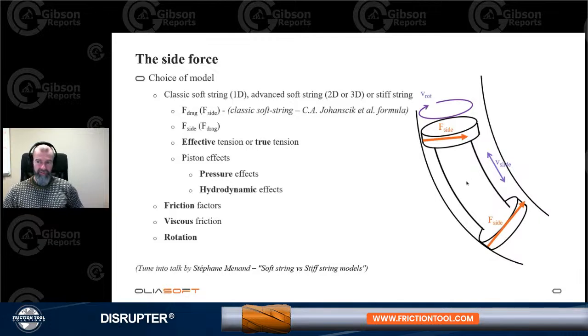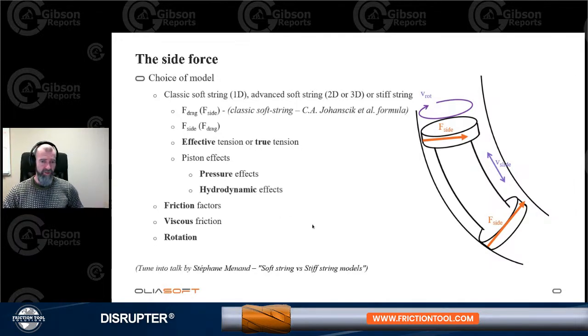But keep in mind that the cross-sectional surface area of the drill pipe is smaller on the inside than the outside. So there will be a net effect in the upward direction if you're pumping down in a standard way. And of course, if you apply rotation to your operation, then that also has a huge effect on the side force.